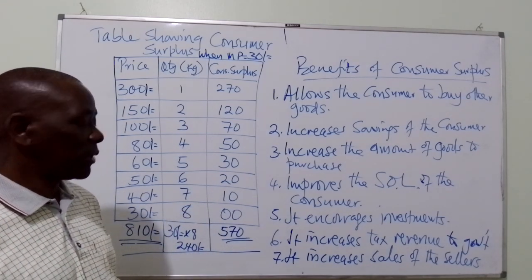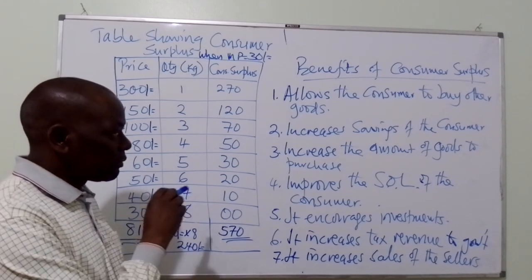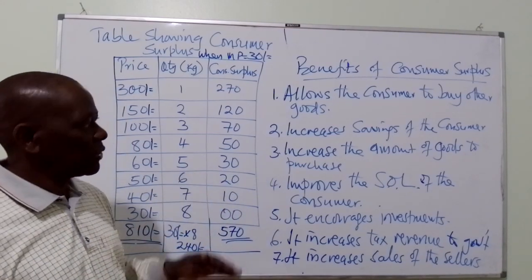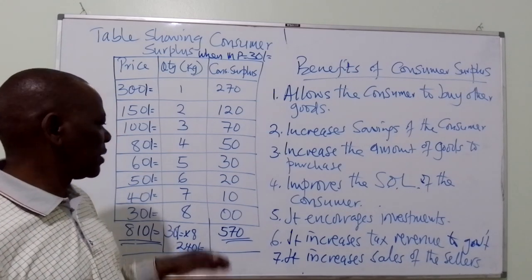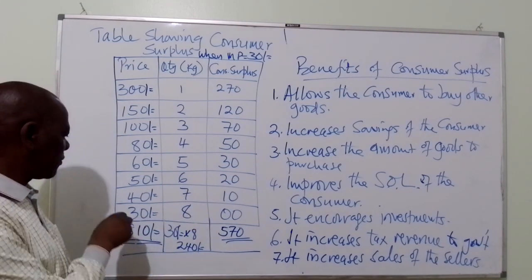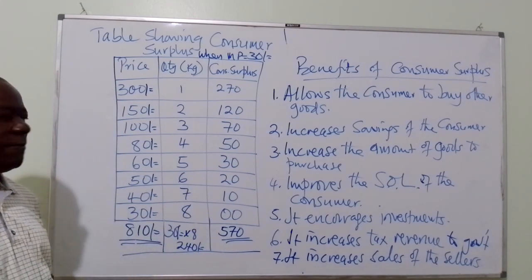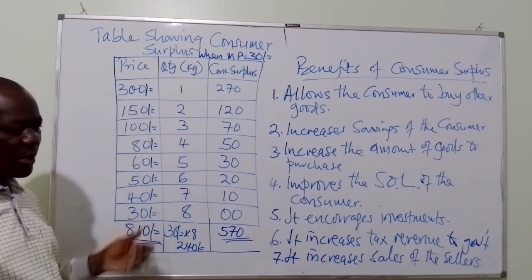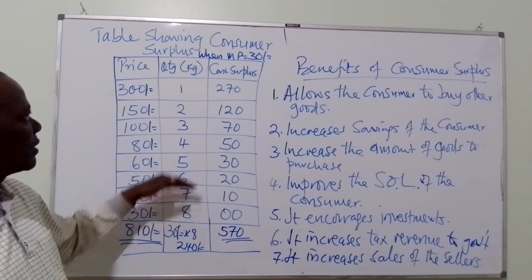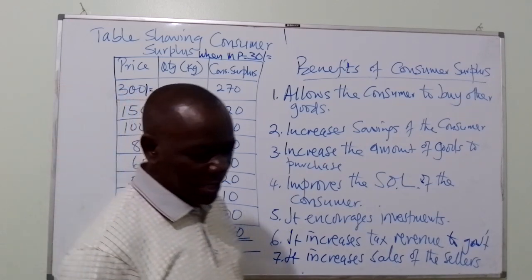You remember that when you are talking about illustration, the price must be the market price. Whatever is above is the consumer surplus. With the figures, you have to get the market price, and whatever is saved above the market price is the consumer surplus, as we have calculated.